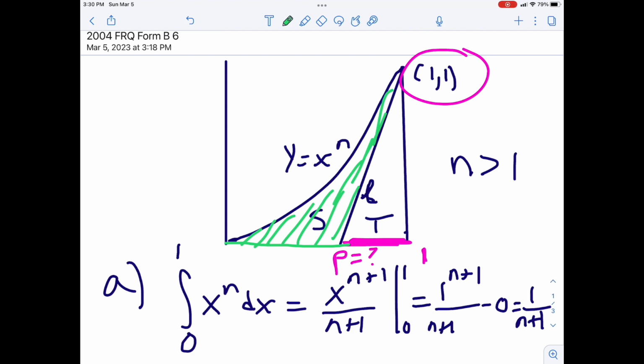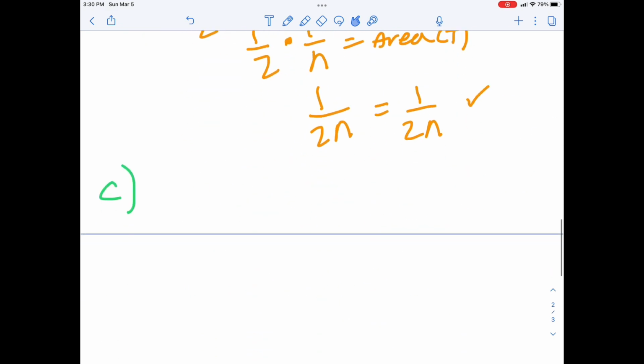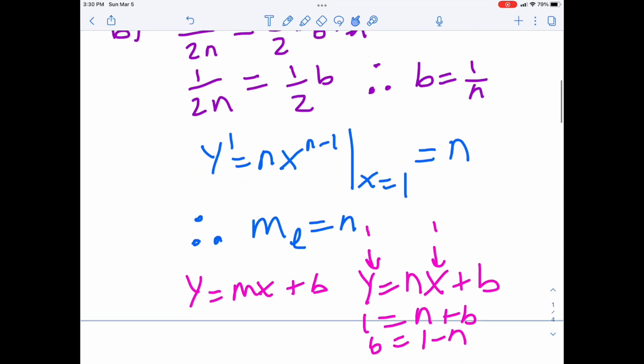But what we can do is say that the area of the total, and then subtracted from the area of T, which we just found, equals S. So I'm going to use that. I'll start by writing that the area of S equals total area minus area of T. Our total area is what we solved for in part 1.